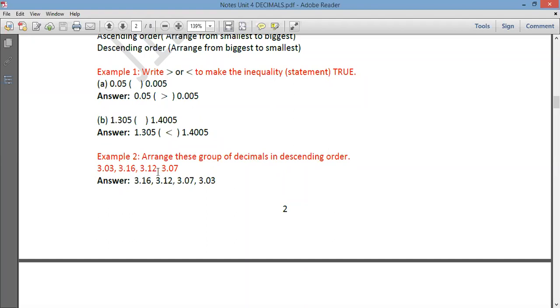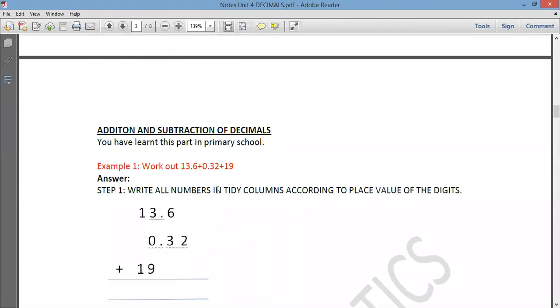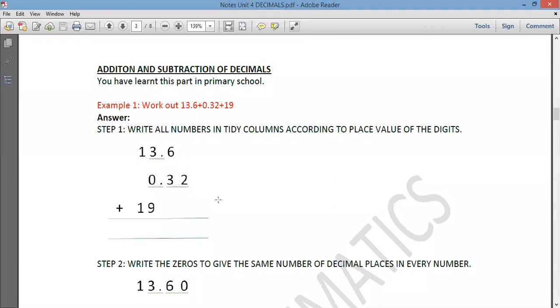So you compare these two, you realize 1.6 is bigger than 1.2. So this one is the biggest. So the smallest one will be 3.03. You compare these two, then you get 0.3 is smaller than 0.7. So this one is the smallest. Okay, I won't repeat this one. Okay, go to addition and subtraction of decimals.